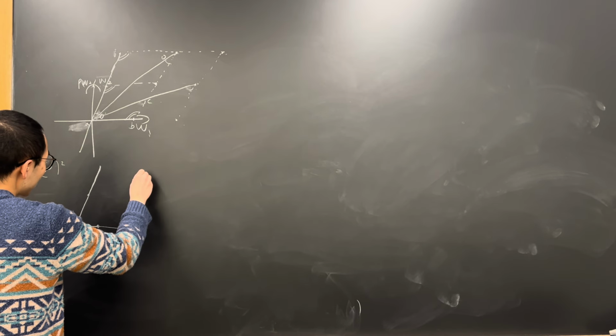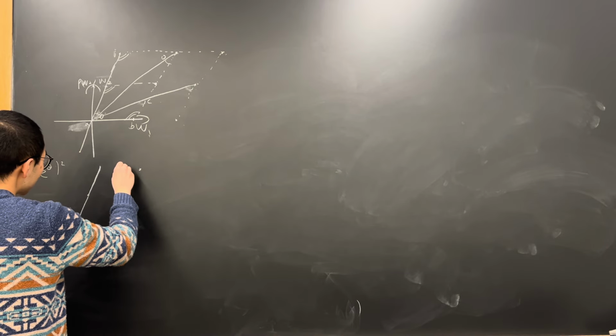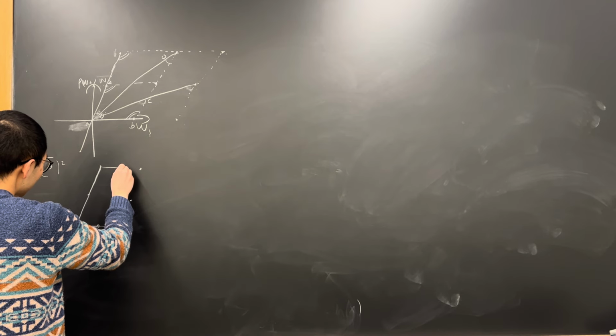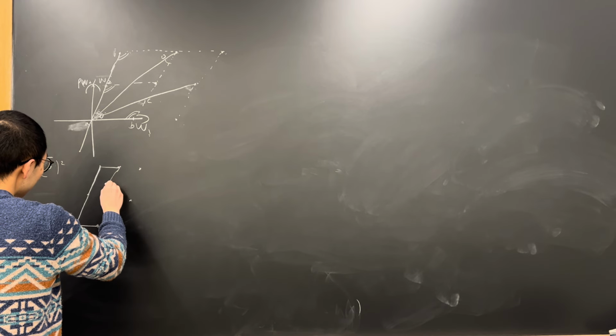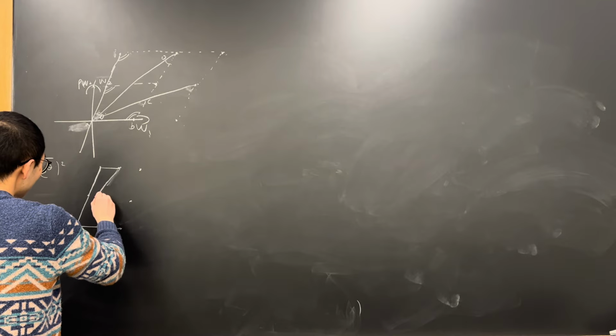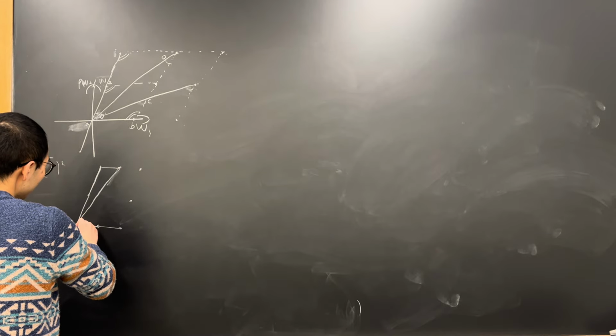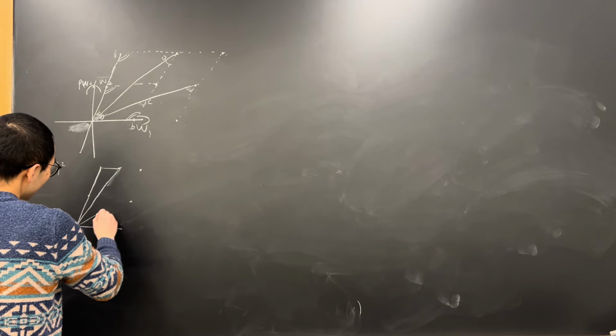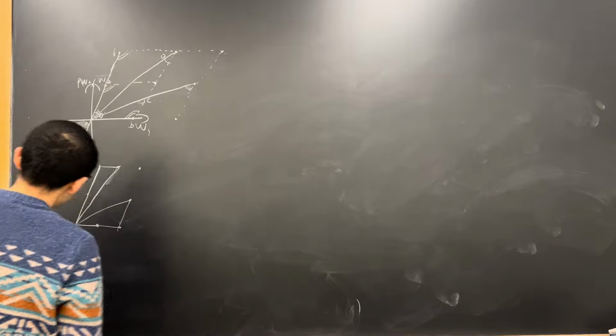Very apparently these two are not really the same angle. It's just the way I'm drawing it that makes them seem the same. If I draw it in a very different way, then I promise you they are not the same. There's no reason to believe that these two triangles have the same angle, or at least similar angles.